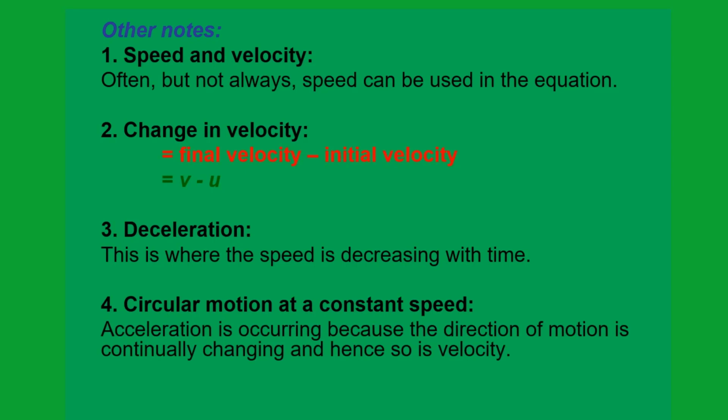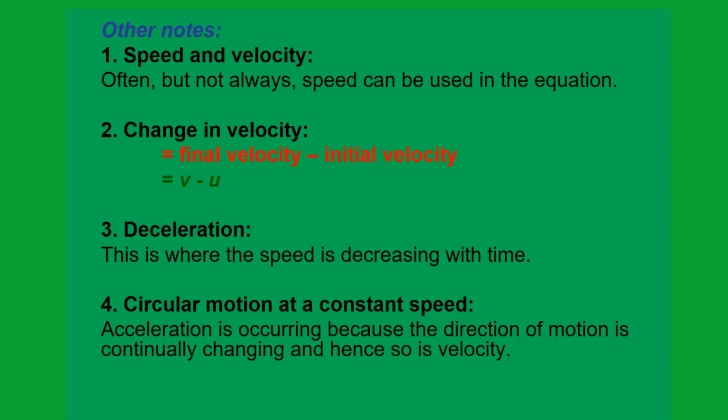Remember, when any object moves in a circular motion with constant speed, though its speed remains the same, the direction changes gradually with time. That means the direction varies with time.